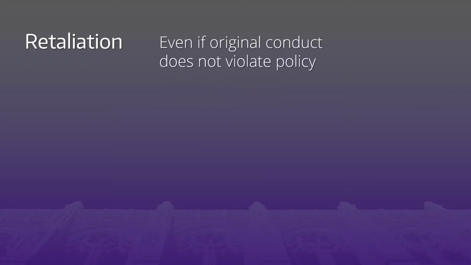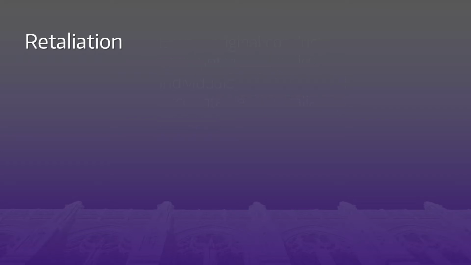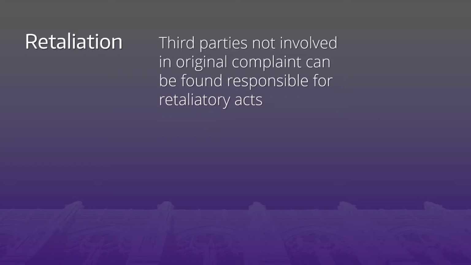Even if an investigation of the original complaint concludes that conduct did not violate university policy, an individual can still be held accountable for retaliation. Third parties who were not involved in a situation leading to a complaint can also be found responsible for retaliatory acts.